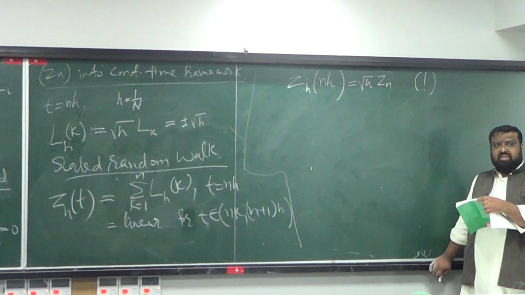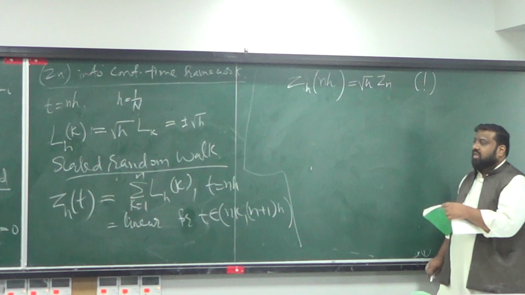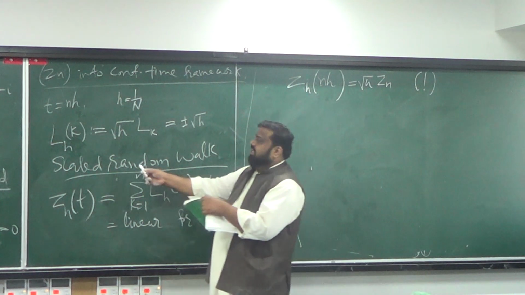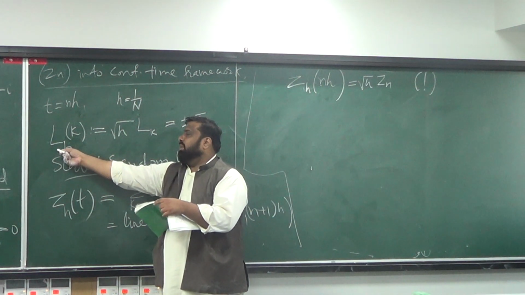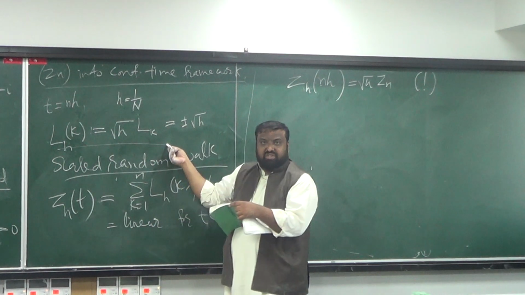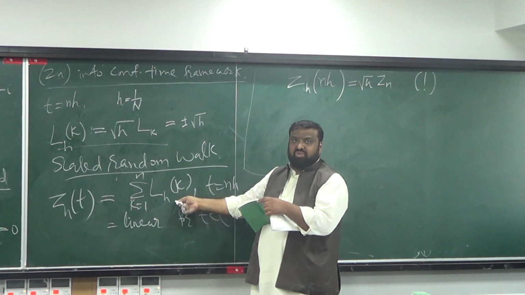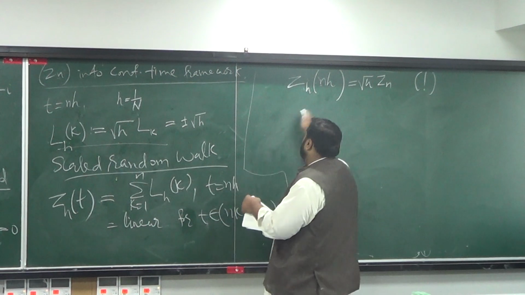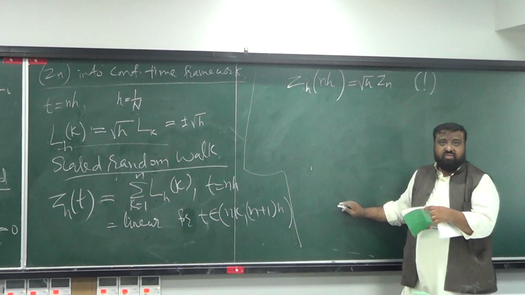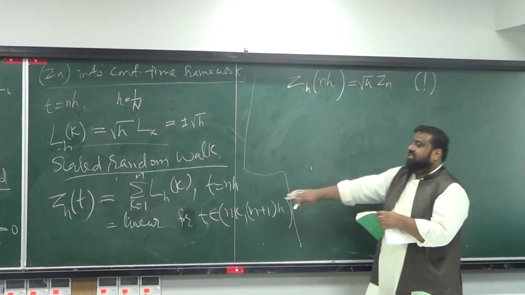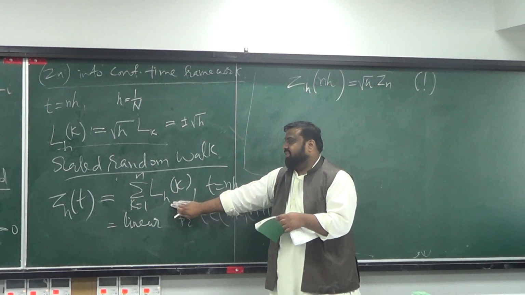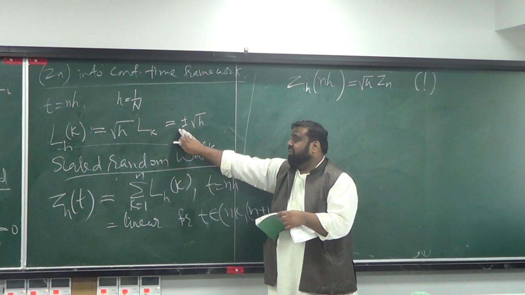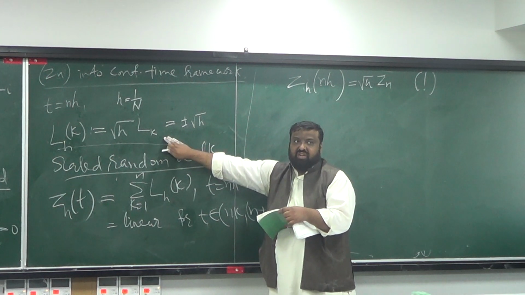Because we are splitting the interval into n parts, we are multiplying n with h. If you keep this in your head and then substitute values here, you will see that it's going to be square root of h times Z_n, because the L_h,k are square root of h times L_k.